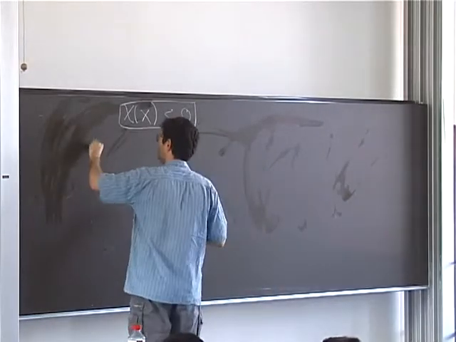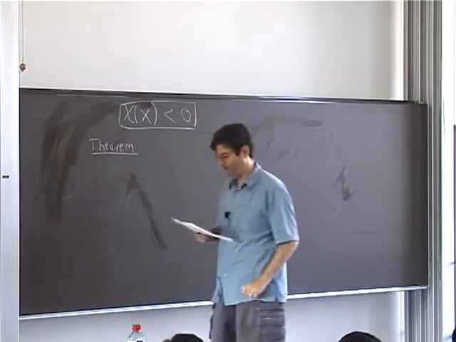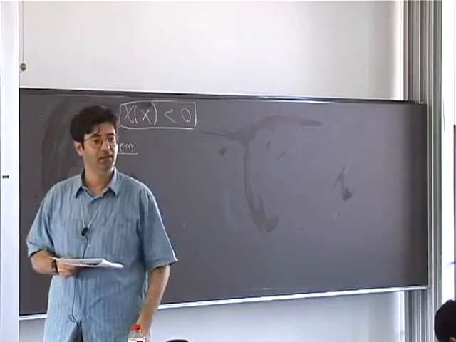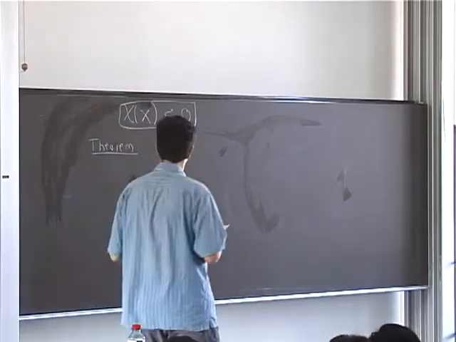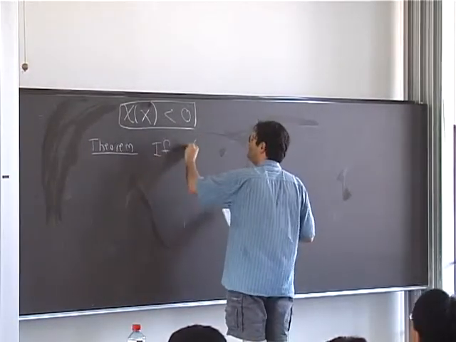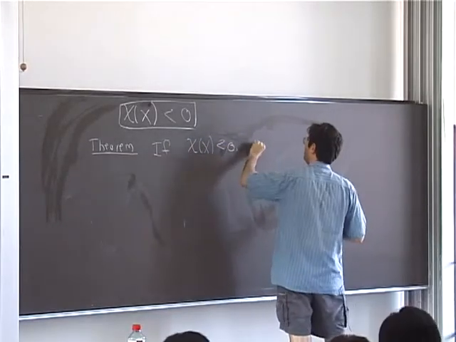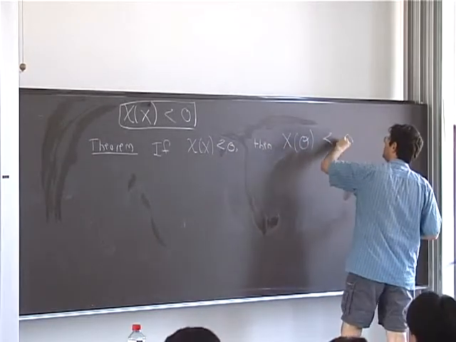Here, the basic theorem in that subject is the theorem of Siegel and Faltings: when chi of X is strictly negative, then the set of integral points X of O is finite. A beautiful result, which is very simple to state, not so simple to prove. So if chi of X is strictly negative, then X of O is finite.